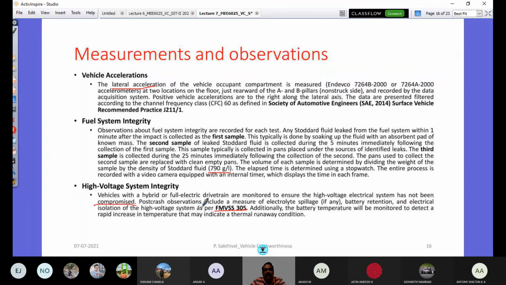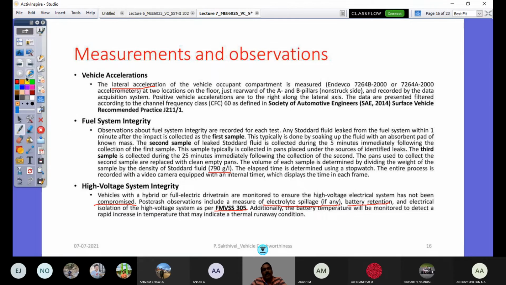Post-crash observations include the measure of electrolyte spillage, if any, battery retention, and electrical isolation of the high voltage system as per FMVSS 305. You can search for this on the net and get the idea of this standard as well. Additionally, the battery temperature will be monitored to detect a rapid increase in temperature that may indicate any thermal runaway condition.